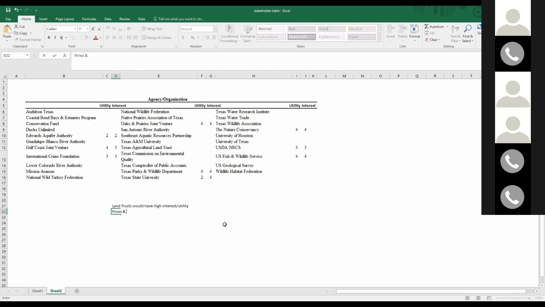There are some other smaller volunteer-based groups. I don't know if they're formal NGOs, but I wouldn't necessarily add them to this list right now. But there's the Austin Bastrop River Corridor Partnership, and there are some other local conservation groups.